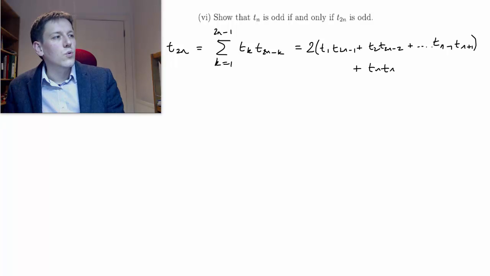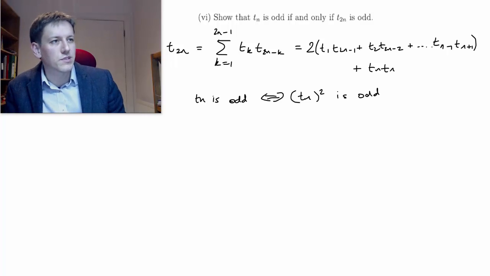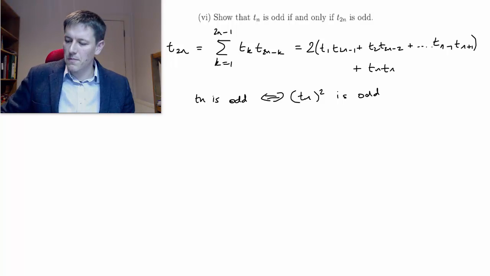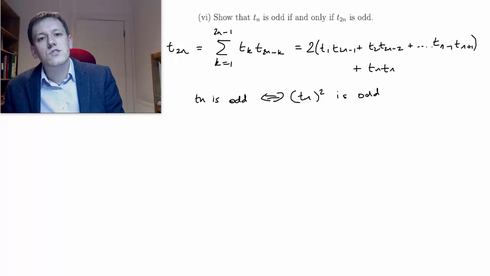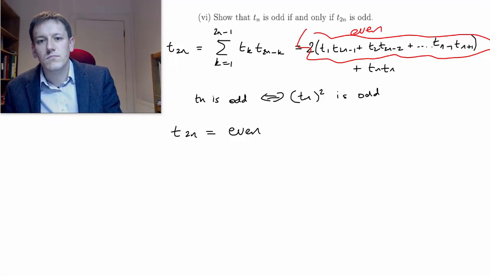So now we also know, in fact I can say a slightly stronger statement here, that tn is odd if and only if tn squared is odd. We know that odd numbers square to give odd numbers and evens square to give even numbers. And the structure we've got above is that t2n is equal to an even number, which is this bit here, even because it's 2 times an integer, plus tn squared.